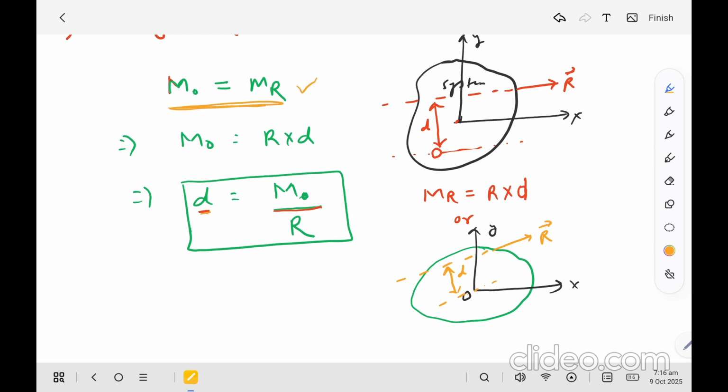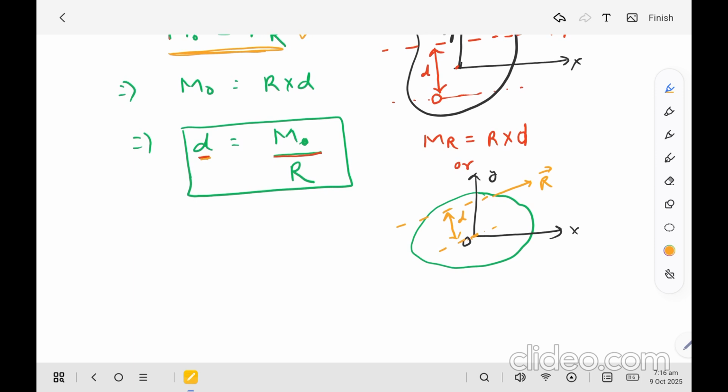In this way we can find the value of the distance of the resultant from this reference point on the body. Now we know the resultant as well as the position of the resultant from a given point on a body.